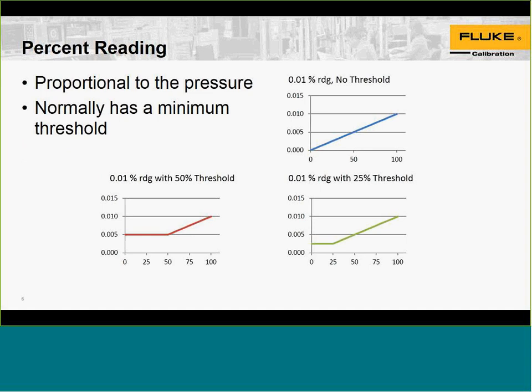All right, with percent of reading, the specification is proportional to the pressure. That is, as pressure increases, so does the specification or error. As pressure decreases, the specification also decreases with it.